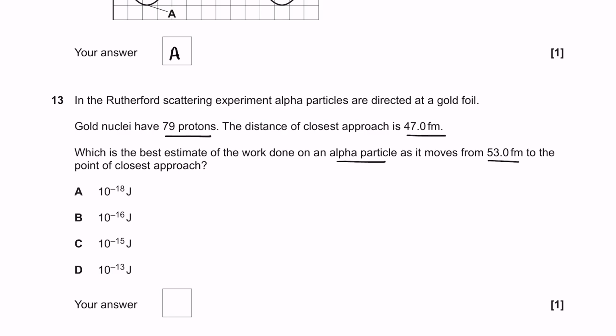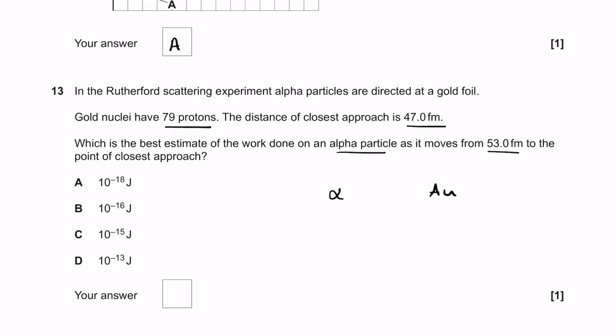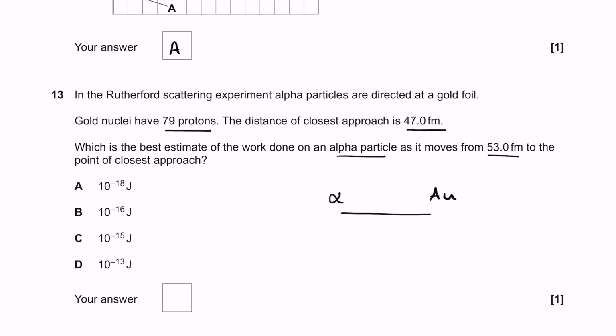So if an alpha particle is coming in towards the gold nucleus, it starts off at that distance and it approaches a distance of 47 femtometers.